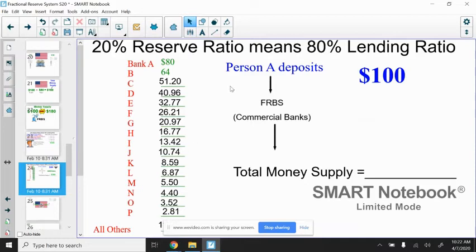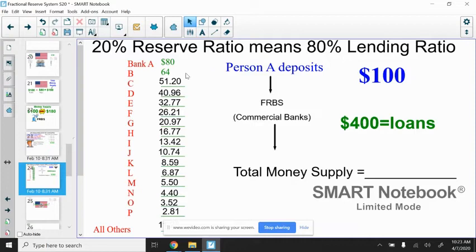But the point is this. The initial person had just $100. All of this represents loans. Key bullet from the previous day: loans are money. This represents new monies that are starting to show up. How much loans are there?